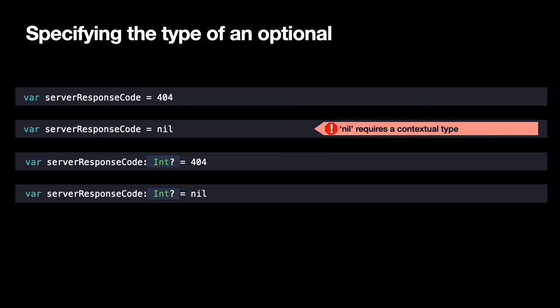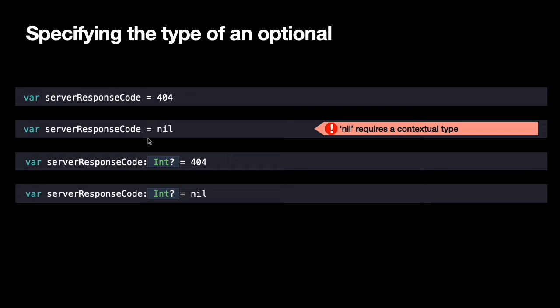We have to be careful when we're specifying the type of a variable or constant where we want it to be an optional. Here, we're creating a new variable server response code and we make it equal 404, which is an integer. The compiler will infer that this is an integer. If we wanted server response code to be an optional integer, it is not sufficient to simply assign it nil, because the compiler does not know if this nil should be an optional integer or an optional string or an optional whatever.